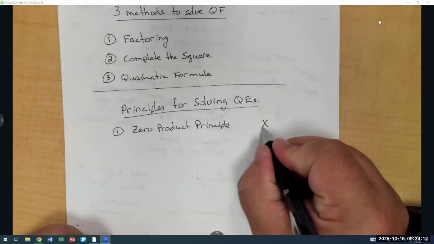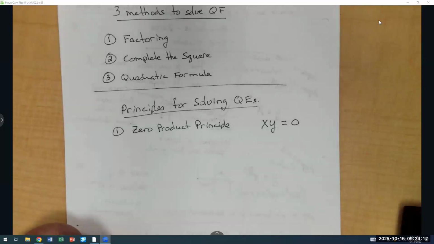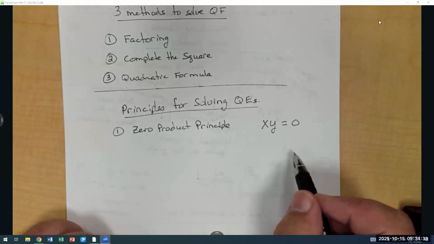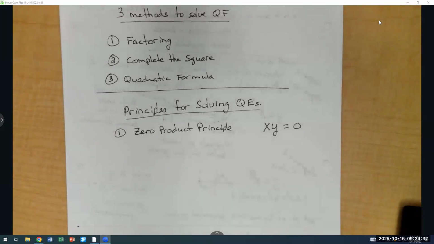If I have two numbers, X and Y, and I multiply them and they equal zero, what has to be true? One of them, yes. Can they both be zero? Which one then is equal to zero? You're right, since we don't know which one, you're absolutely correct.